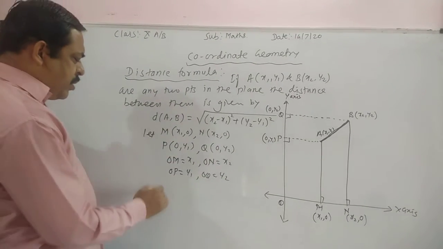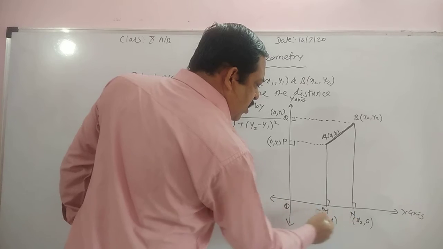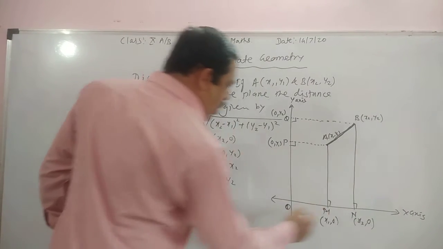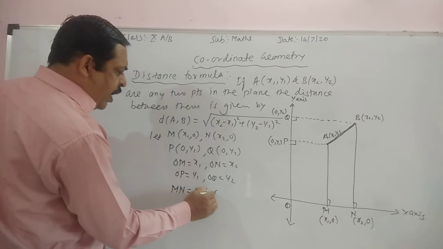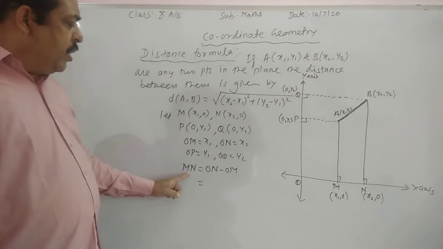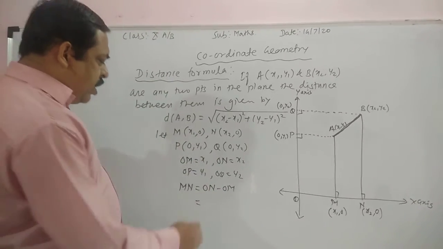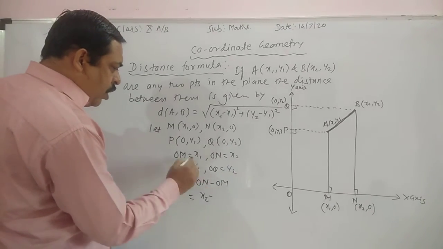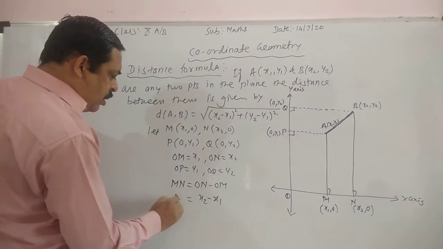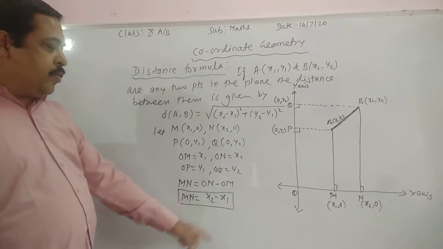To find the distance MN: MN is equal to ON minus OM. This is the distance MN we obtain by subtracting OM from ON. ON is x2, OM is x1. That is the MN distance we got, x2 minus x1.